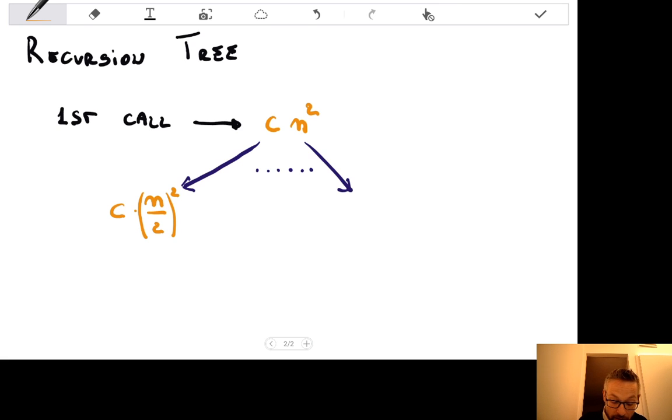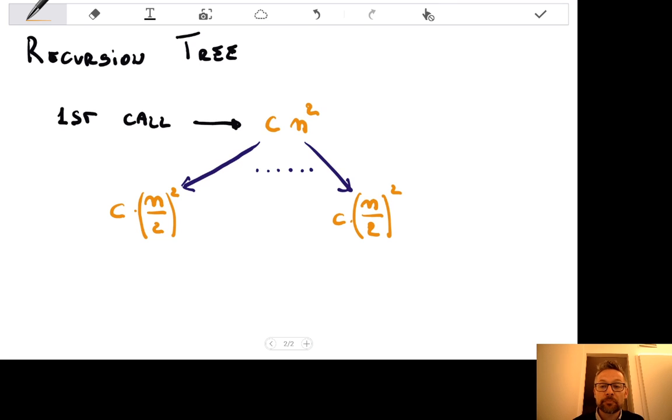And this will also hold for all the recursive steps. So for all the arrows moving from the first call, we will have this time complexity, again, exclusively for the sums. Okay? So, first call, first recursive step, second recursive step, and so on and so forth. The last recursive step will cost, in terms of sums, again, this. Okay? Quite easy.